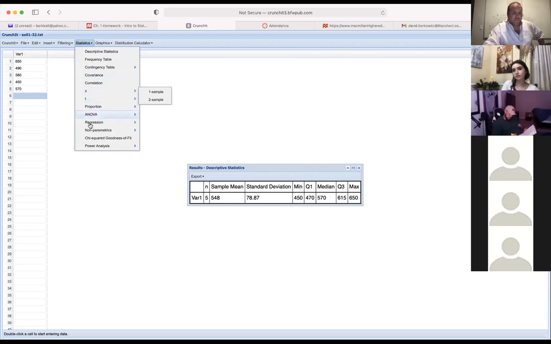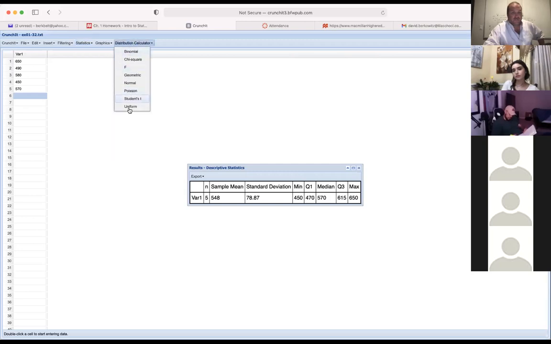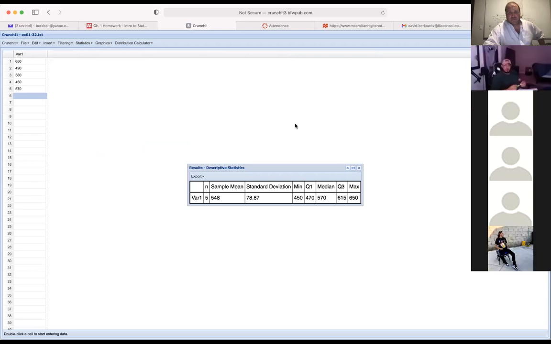Anyways, things that we haven't learned yet that we're going to learn later. Distributions that we haven't learned yet that we're going to learn later. This is a very powerful program, Crunch It, which can do a lot of stuff very, very easily. And it's free. So it can do a lot of the stuff that you're going to need a lot quicker than other processes, and it does a lot more.